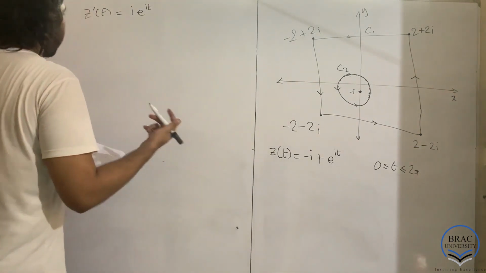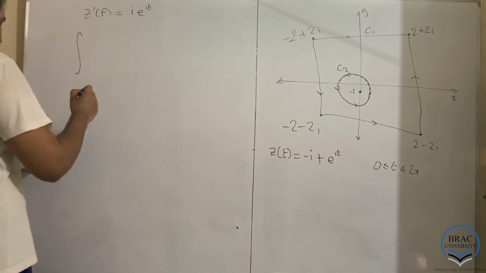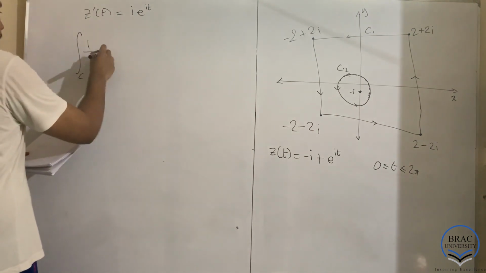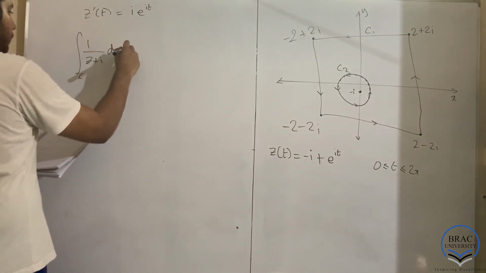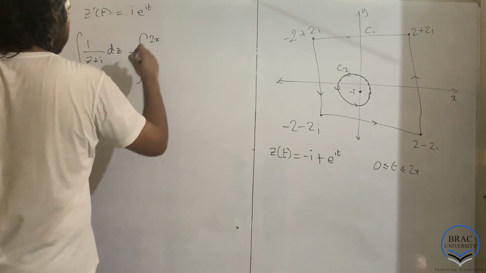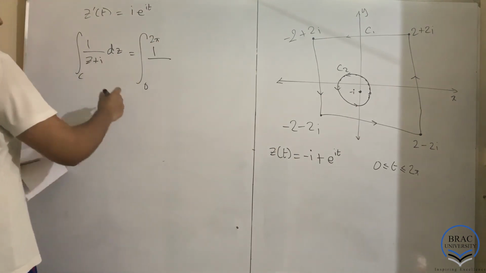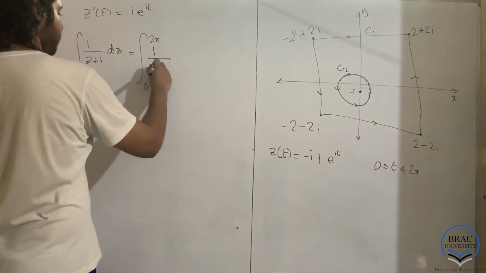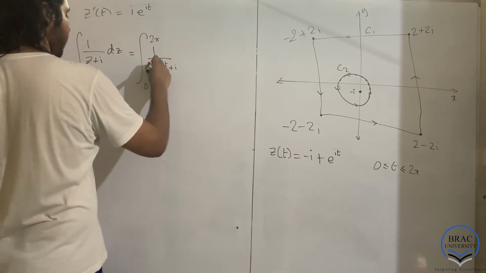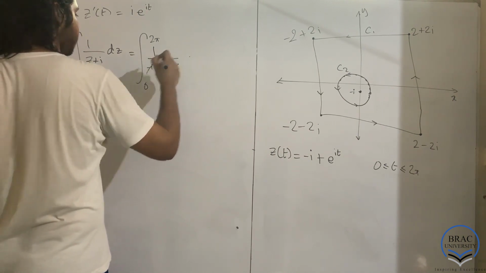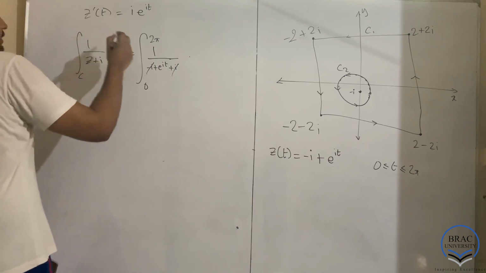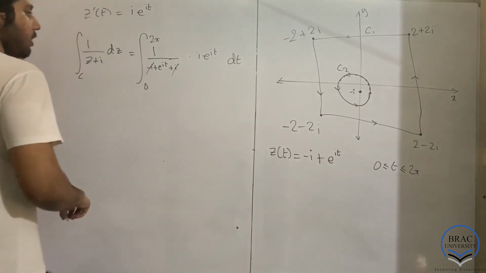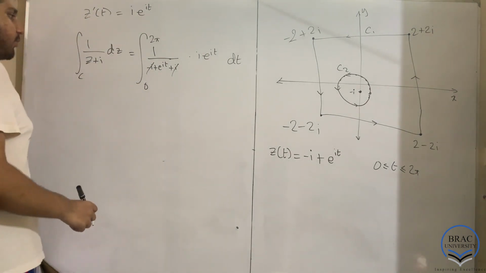Okay, so evaluating the integral again with the help of parameterization. One upon z plus i. z is of course minus i plus e to the power it, so minus i plus e to the power it plus i. You can cancel the i's, times the derivative of z with respect to t, which is i e to the power it, and dt, what we integrate with respect to.